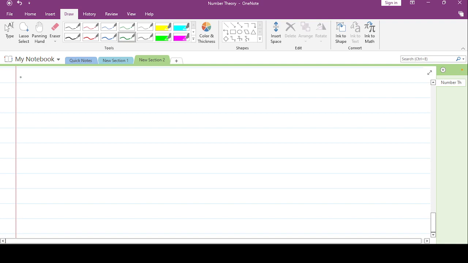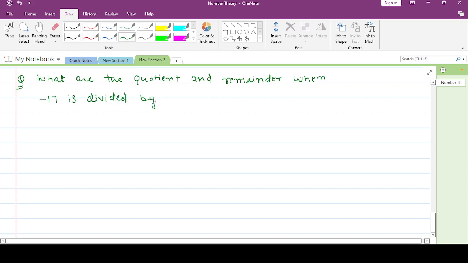The question is: what are the quotient and remainder when minus 17 is divided by 5?